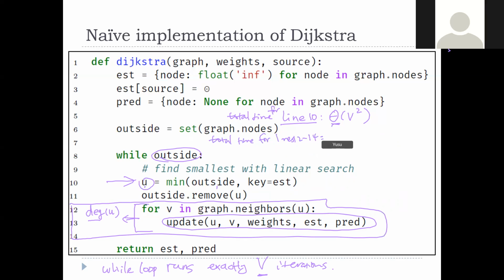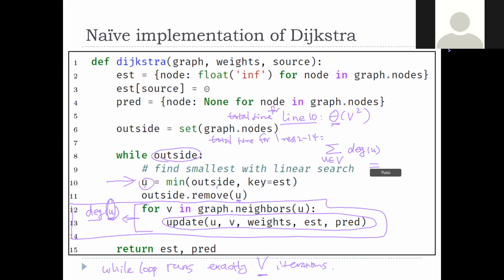When I explore node U, I have to take time degree of U. Note that each node U can only be processed exactly once, that's when we remove it from the outside and move it to the inside. In other words, we sum it up for all nodes, and each node will be processed exactly once. So this is the total cost.